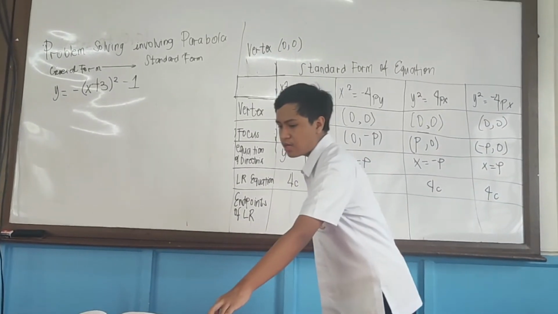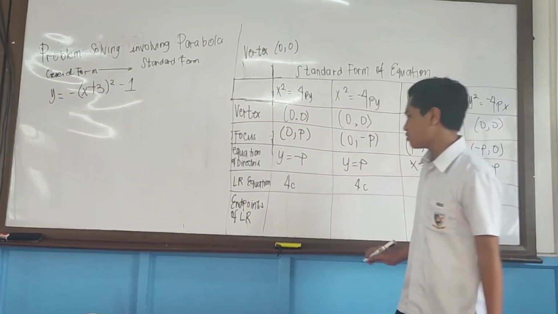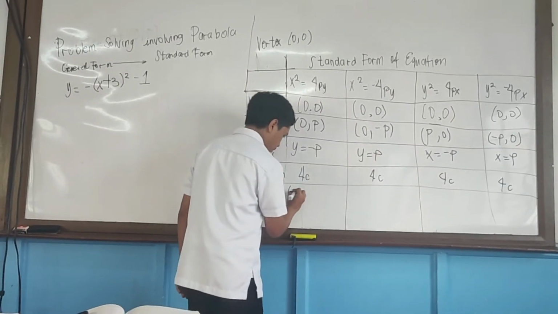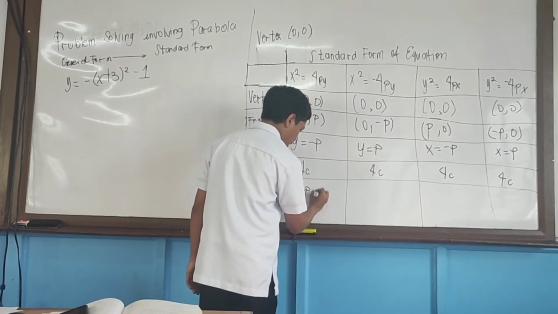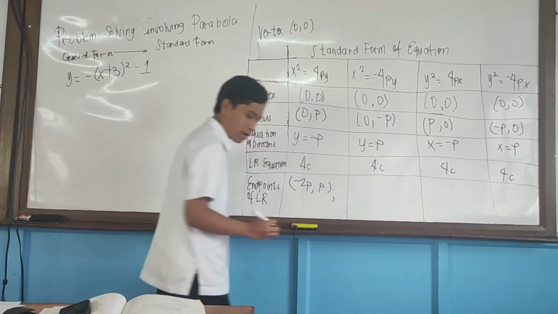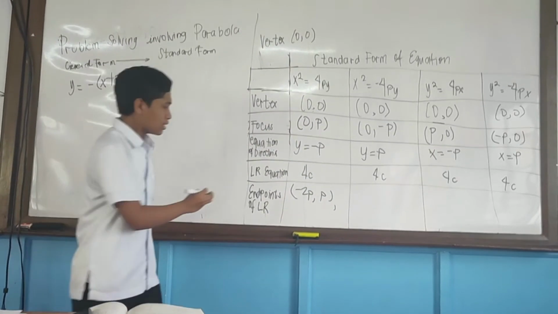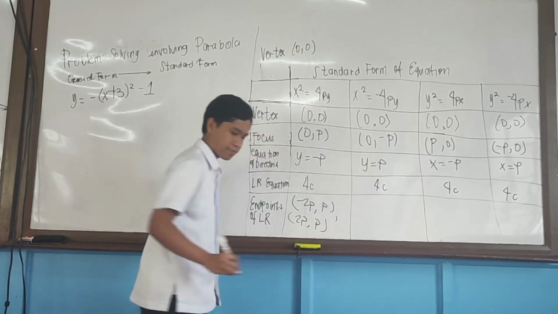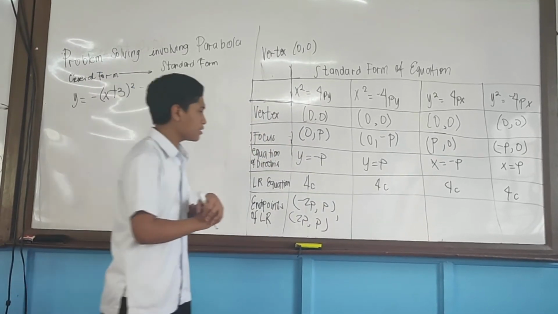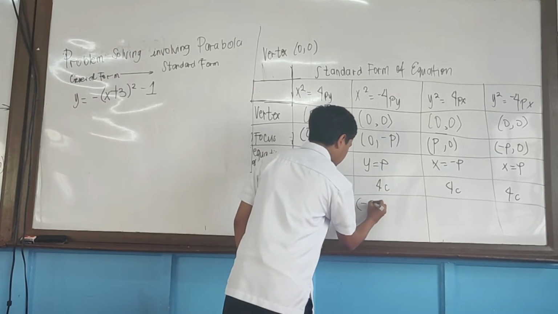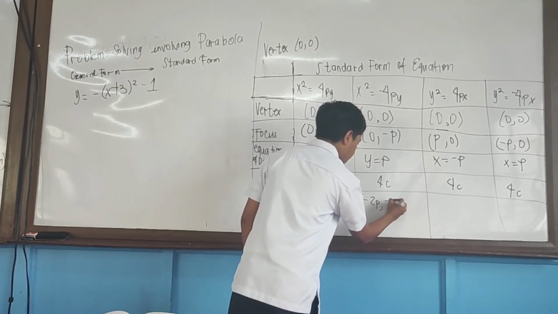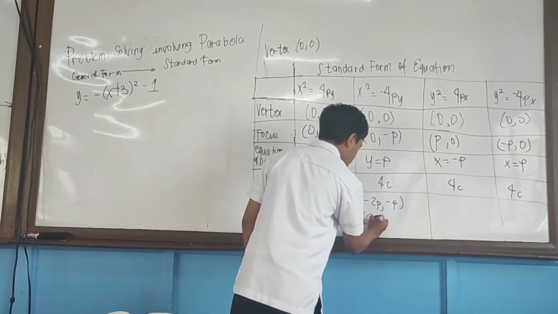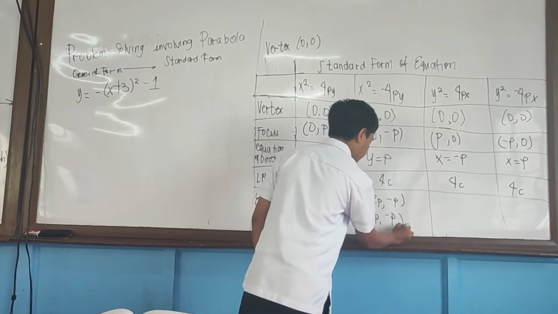Now let's have the endpoints. We have here (−2p, p), and the other one is (2p, p). Next, another one is (−2p, −p), and the other one is (2p, −p).